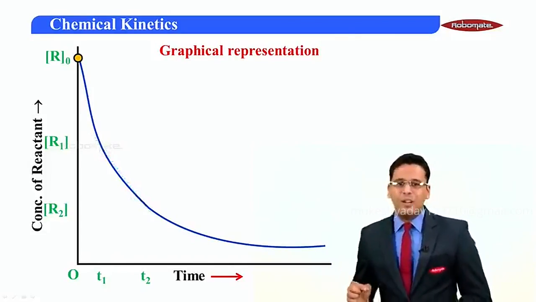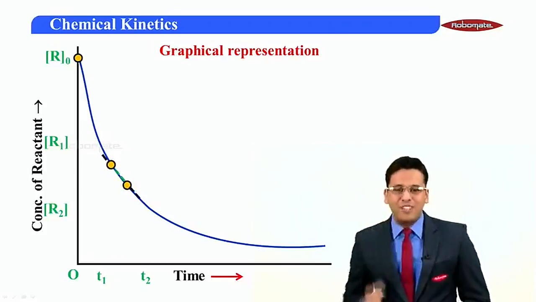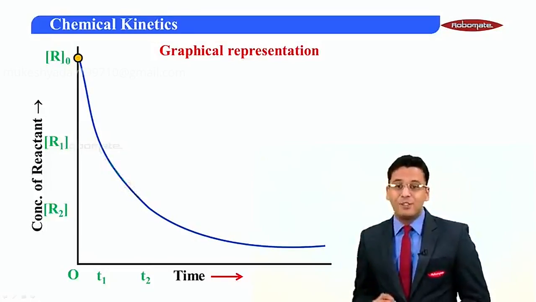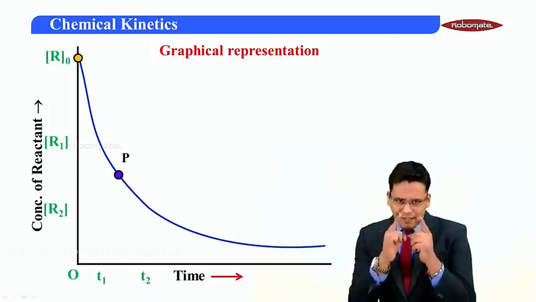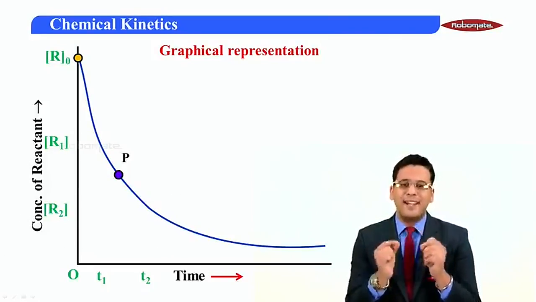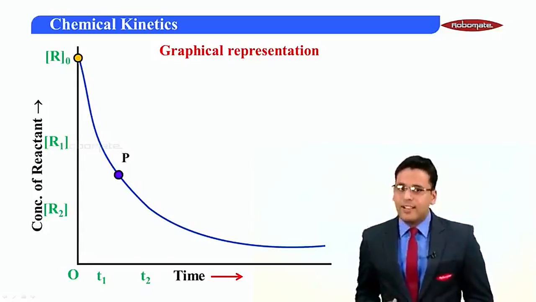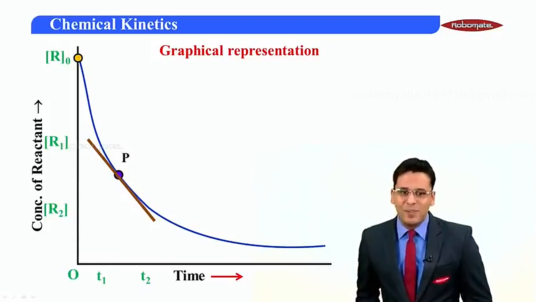Look at this now. The interval has reduced even further, and now we are almost there along the curve of the graph. Since we have to find the instantaneous rate of reaction at this point right here, the difference is now so small that it tends to zero. What you are essentially doing over here is you are drawing a tangent at point P and calculating its slope.